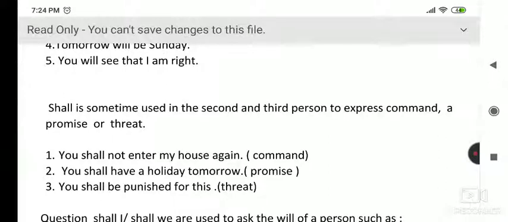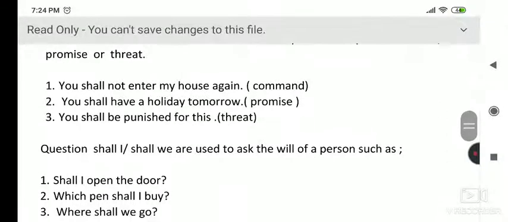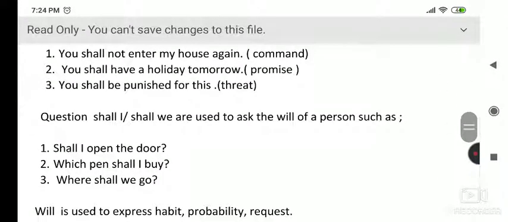Here is a promise in the sentence with the help of shall have. In the third sentence, shall expresses the threat, that is you shall be punished for this. So a threat can also be expressed with the auxiliary modal shall.